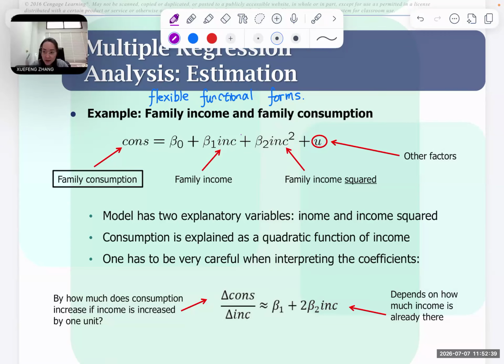We have both x's being the same variable, family income, but here is income and income squared. This isn't about controlling for a confounder anymore. It's about letting the relationship between income and consumption bend. What does it mean, bend?